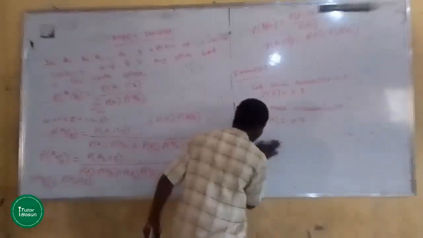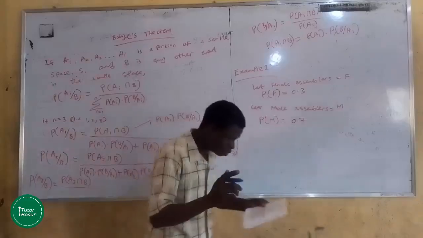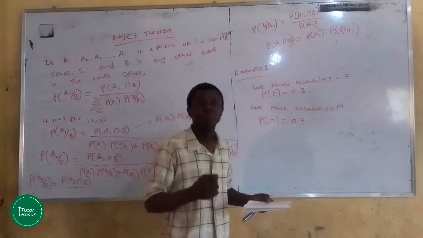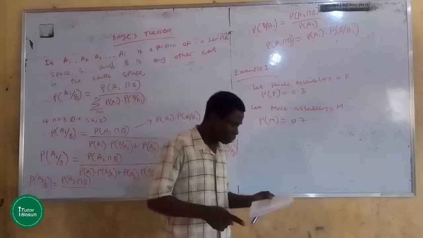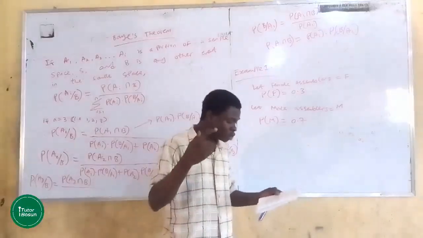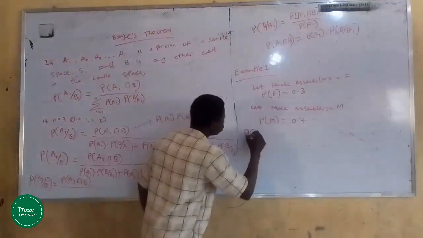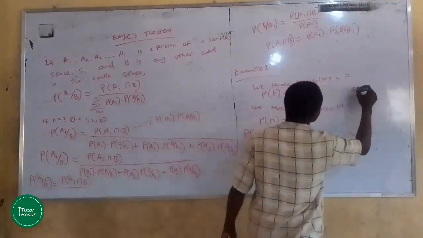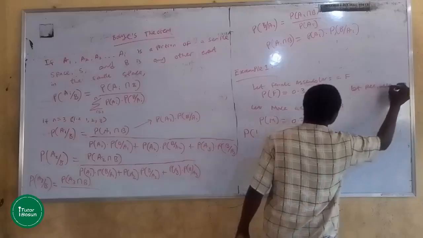What that is trying to tell us is that the probability of being reliable, given that it is assembled by a female, that is the former, is 0.9. Let R be reliable.